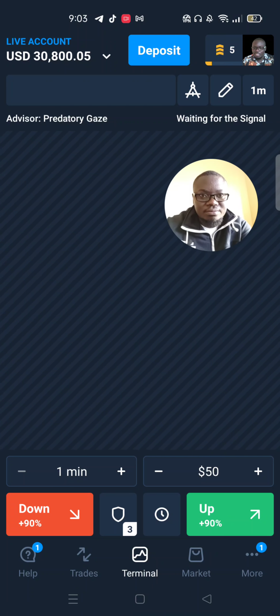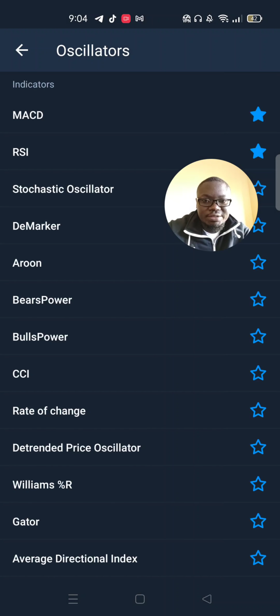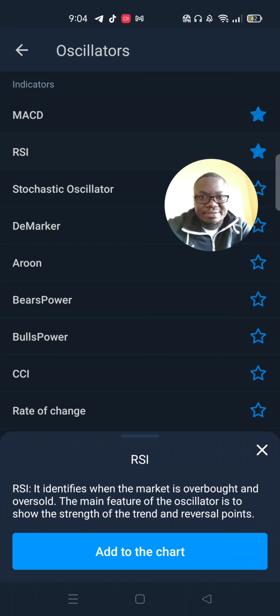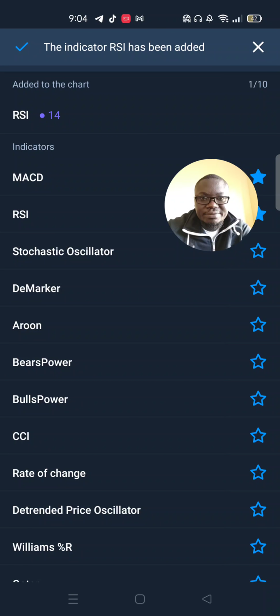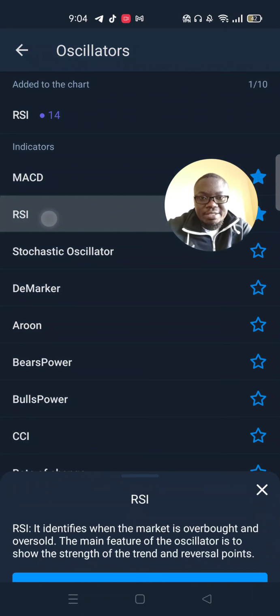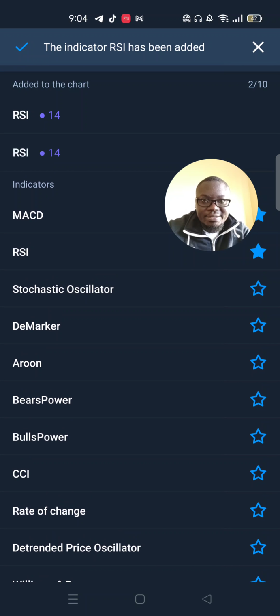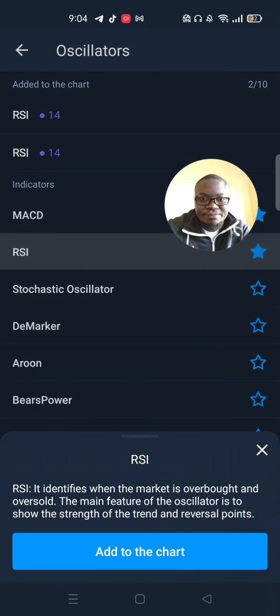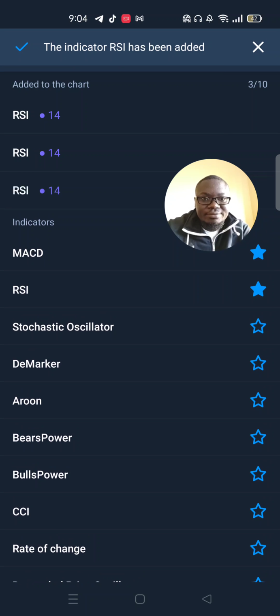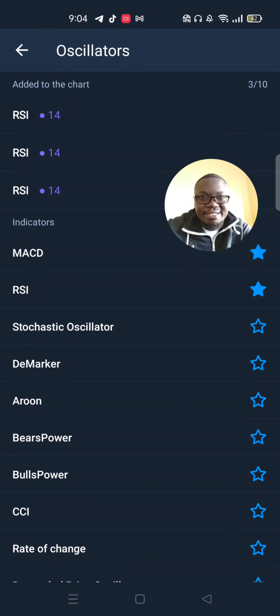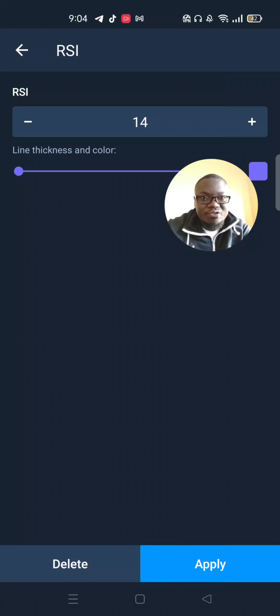It's under oscillators. So we find the RSI and add it to the chart manually. Then we find another one and add, and find the third one and add. After adding the 3 RSI indicators, you can change the periods manually.